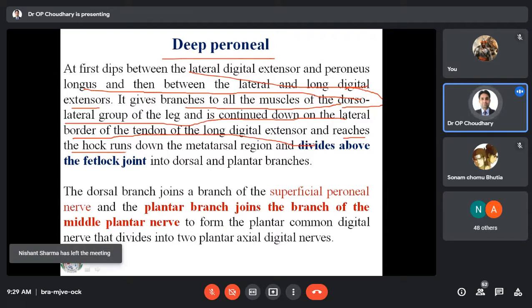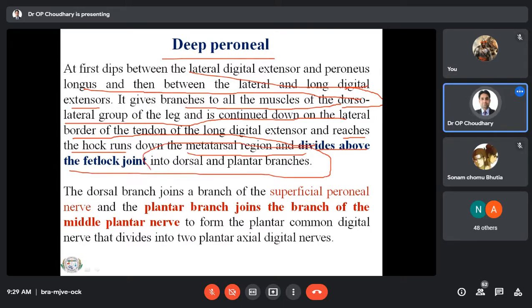The hock is usually formed by the distal extremity of the tibia, then three rows of the tarsal bones and the proximal extremity of the large metatarsus bone, and the nerve divides above the fetlock. Very, very important: after passing the metatarsus, it divides above the fetlock into dorsal and plantar branches.